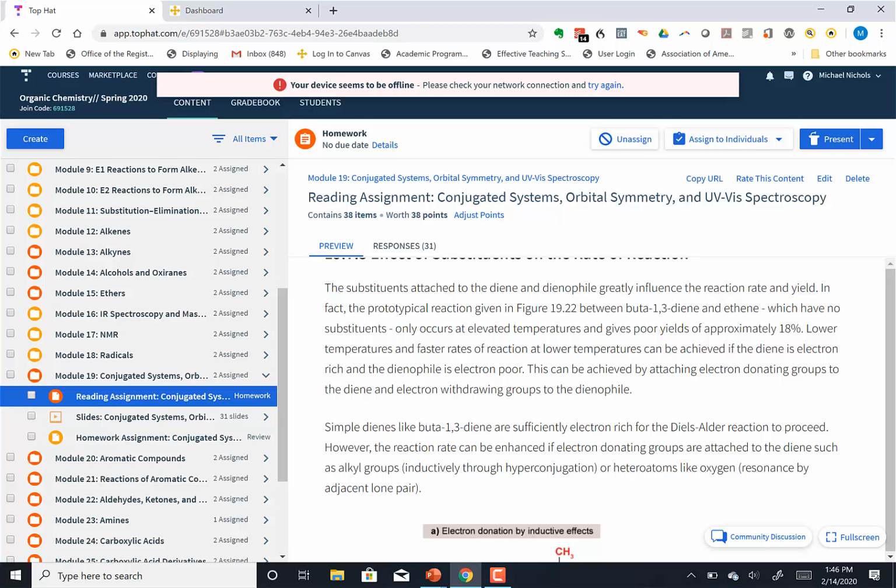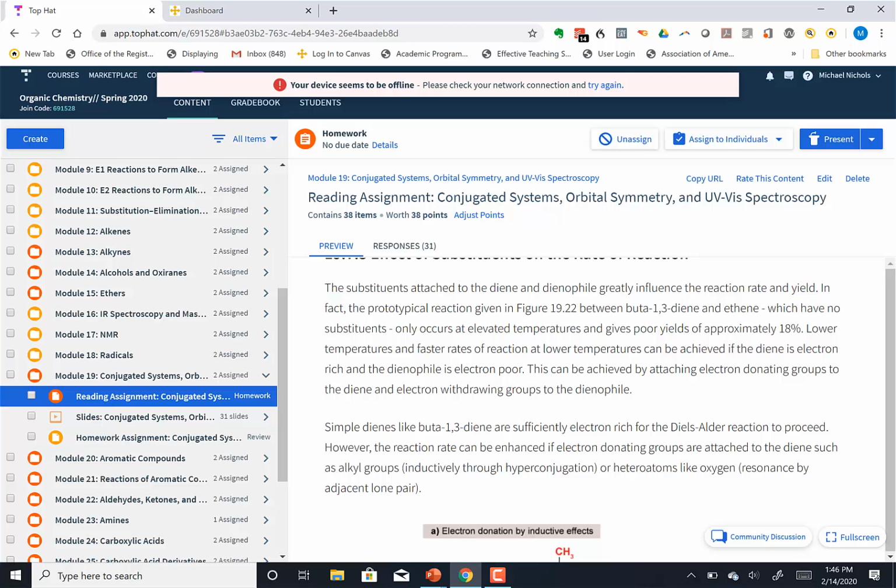And you could say, well, yesterday for me, and some of you all week, what did we do? We reacted it with the maleic anhydride. So the best way to get the reaction to go is if the diene is electron rich and the dienophile, which means the alkene, is electron poor.